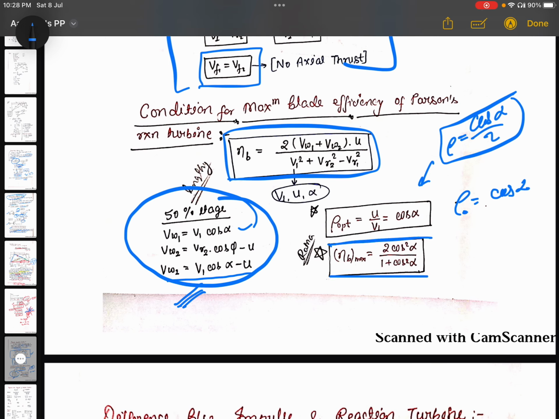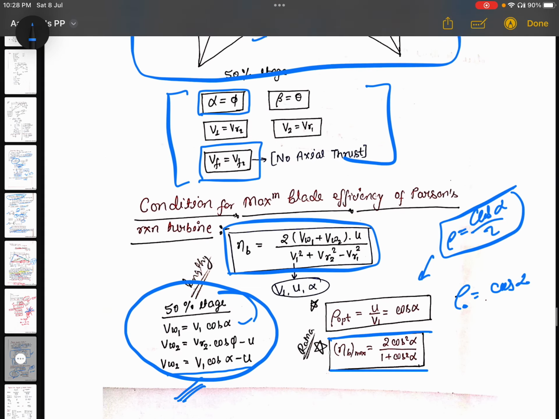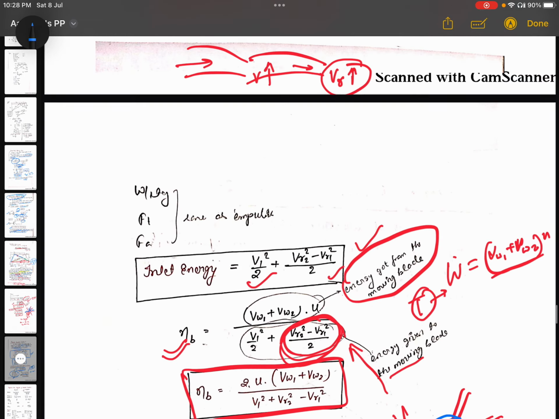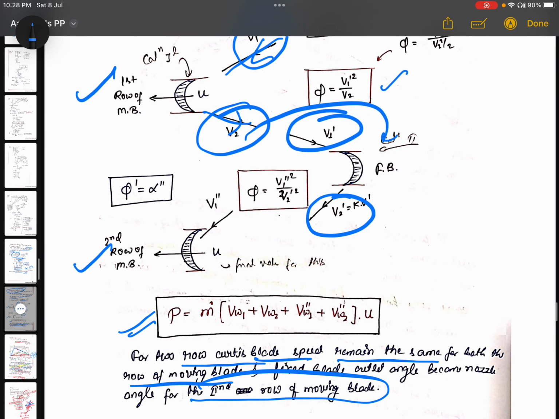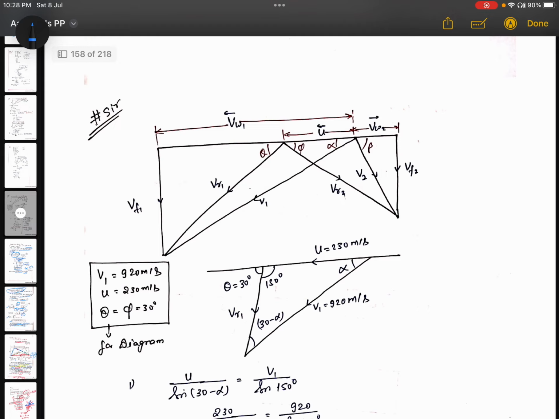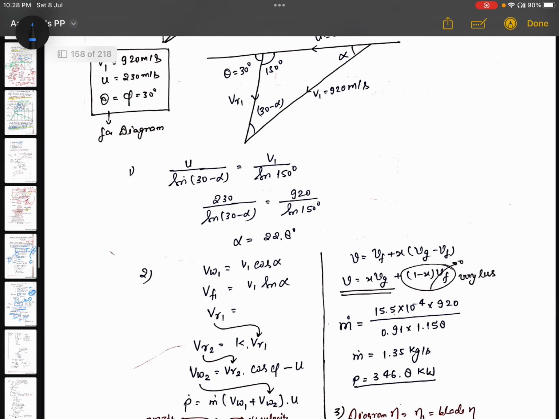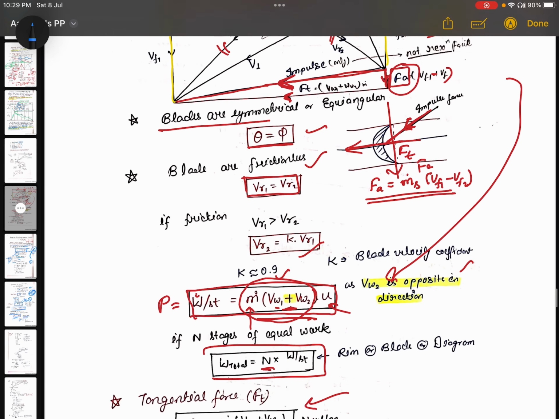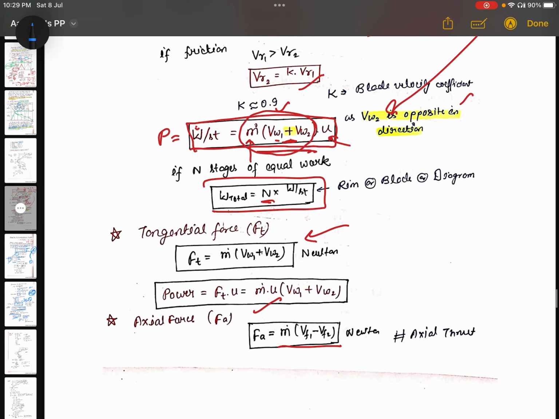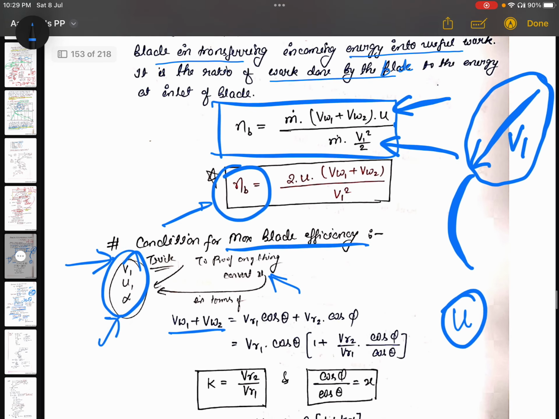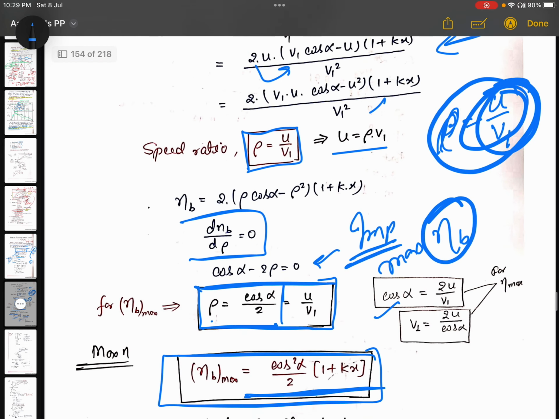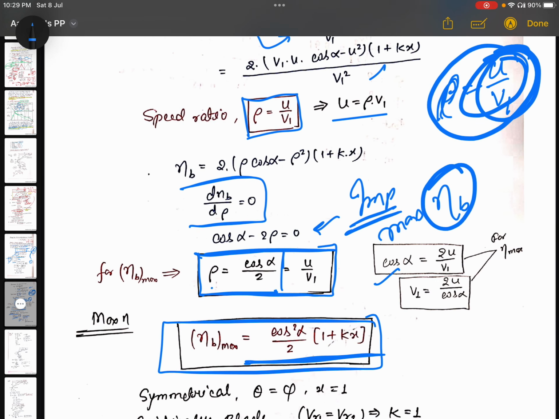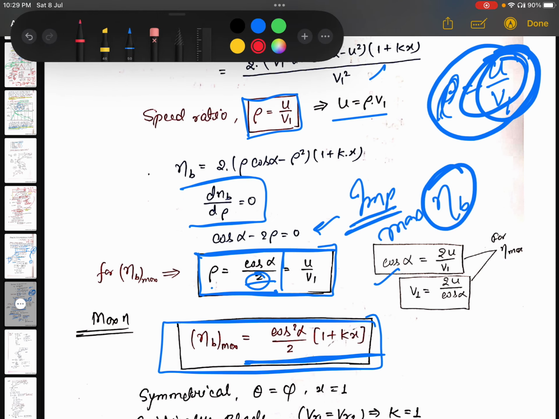Okay, let's see what the differences are with respect to the impulse turbine. Here rho optimum we are getting cos alpha by 2, that is, 2 is involved here.